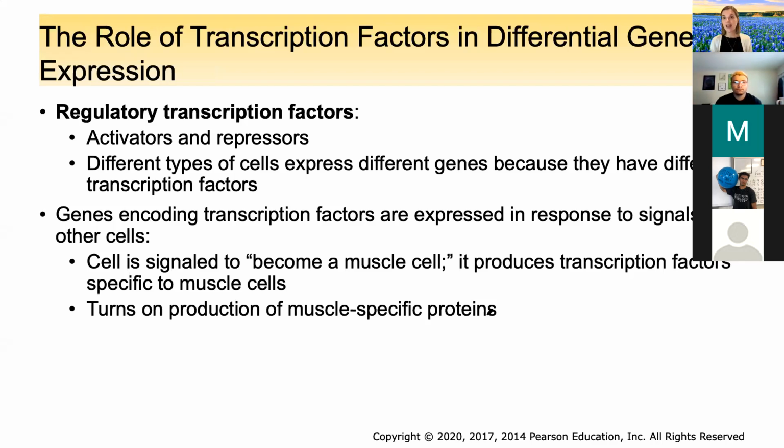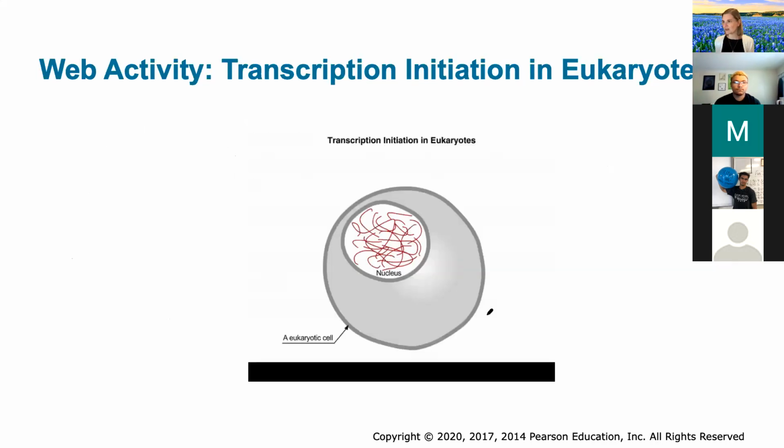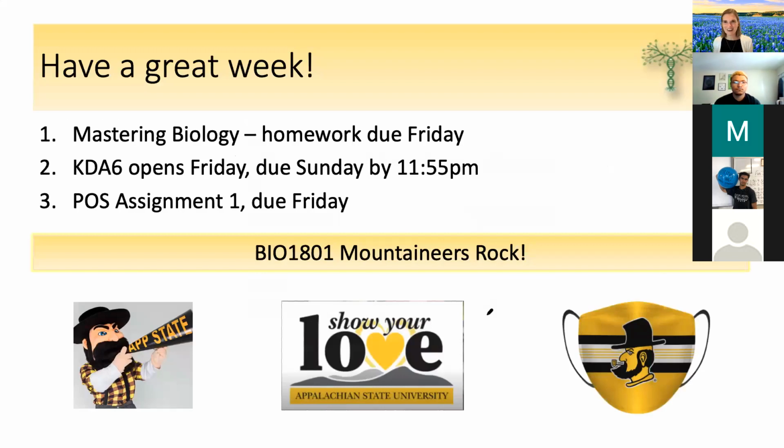Depending on which transcription factors are found in which cell will determine which genes are going to be expressed and which ones are not. So that's the big picture: it has to do with all these transcription factors, enhancers, suppressors, and silencers and all that fun stuff going on inside of your cell that helps it determine, okay, I'm going to be bone or whatever it's going to be. So lots of stuff to study there.